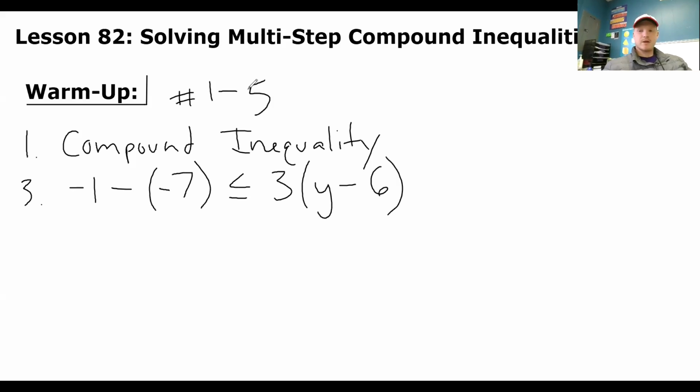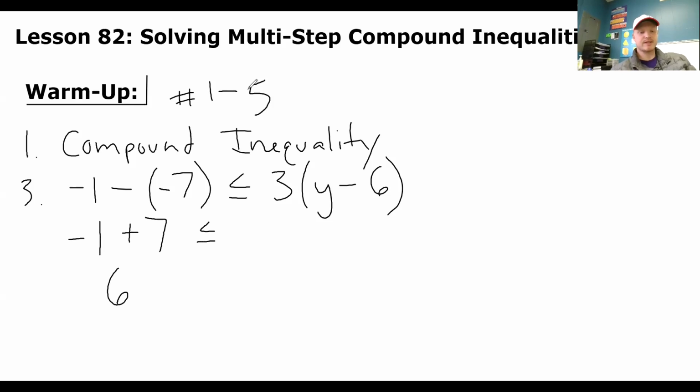Okay, so what are we going to do? We're going to combine our like terms. So 1 minus negative 7. So 1, and then our minus a negative number is going to turn into a positive. So plus 7. Okay, so 1 plus 7 is going to be positive 8.